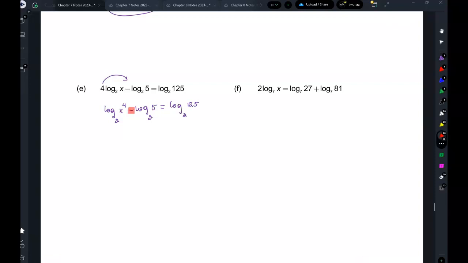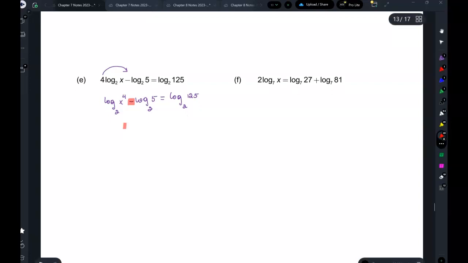Okay, now I have a division, I have a subtraction here. That goes with division. So I say 1 logarithm, the first one divided by the second one. Why divided?